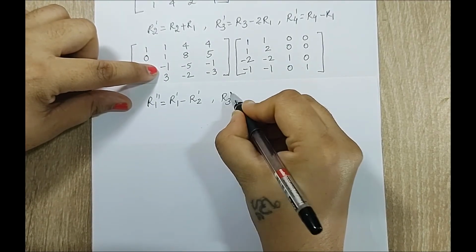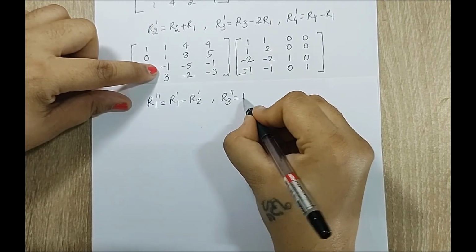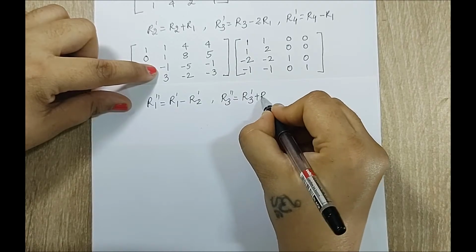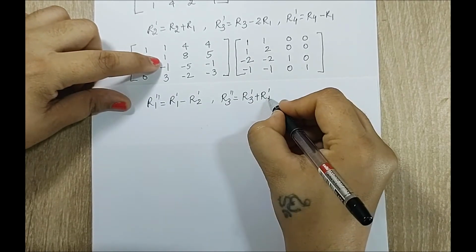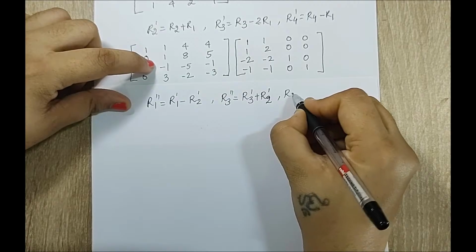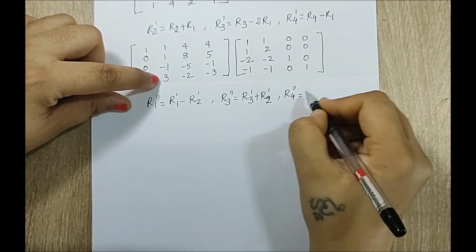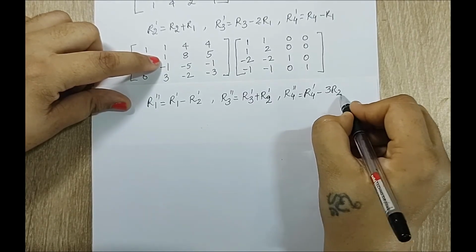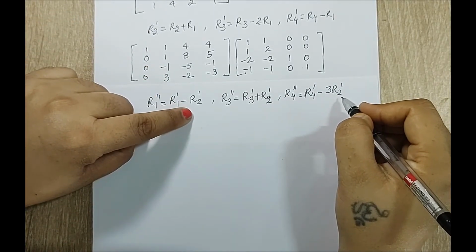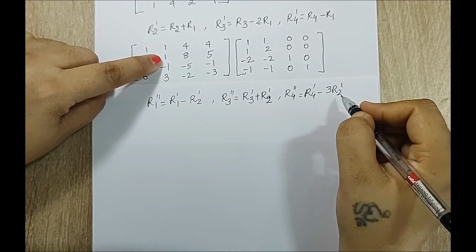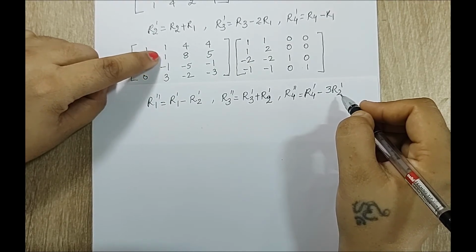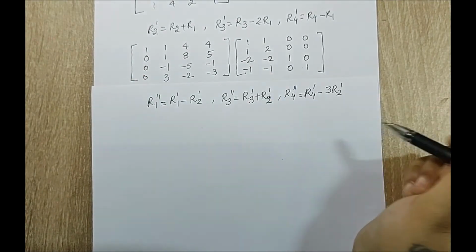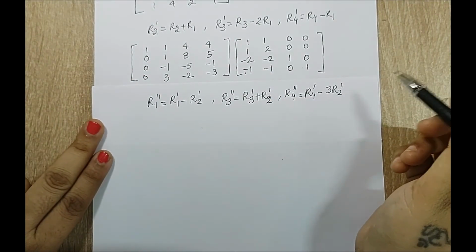So R3 double dash is equal to R3 dash plus R1 dash. I'll be using R2 dash. Then R4 double dash is equal to R4 dash minus 3 times R2 dash. Everything should be in reference to the newly found row. So R2 dash is actually my new row which I'm using. So these are the values which I have found.